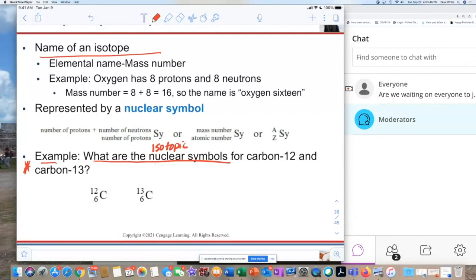Remember that I told you guys the number of protons never changes. When you write carbon-12 and carbon-13, remember that there are 3 parts to this formula. You have the symbol, you have the mass number, then you have the number of protons. Use the periodic table to find that missing number, the number of protons. Remember that number will be the same for the same element, and these are both carbon. I look at carbon and I see number 6. This would be 6 and this would be 6, right?